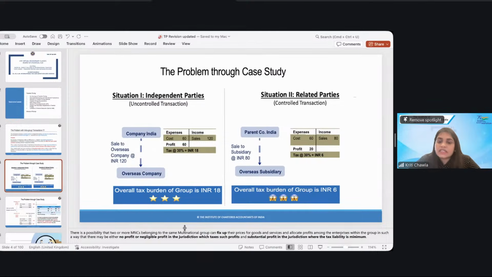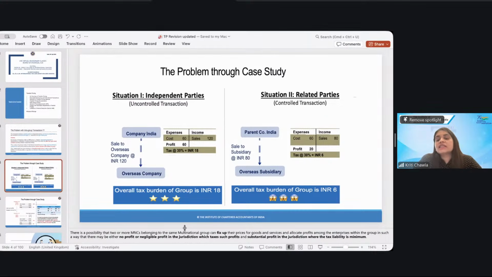So there is a possibility that two or more multinational companies, if they belong to the same multinational group, can fix up their prices of goods and services, and they can allocate profits among the enterprises within the group in such a way that either there is no profit or there is negligible profit in that particular jurisdiction.